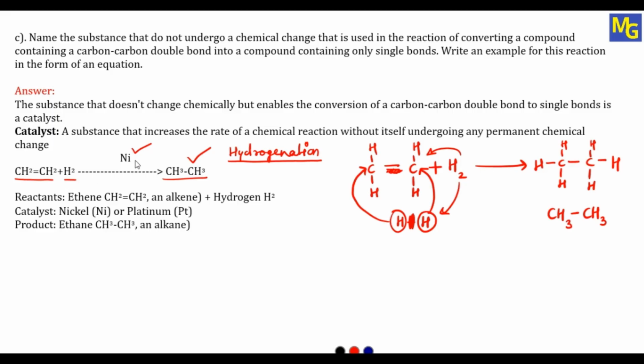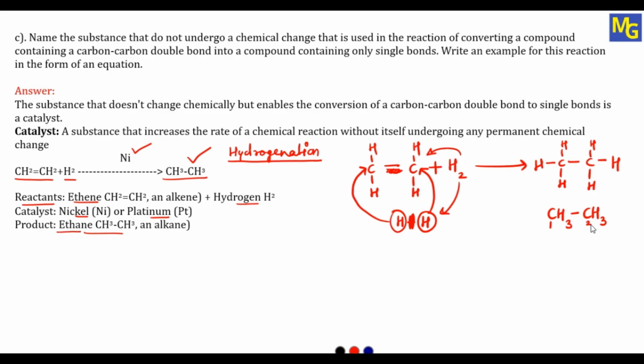So in this reaction, the reactant is ethene, that is alkene, and one more is hydrogen. And the catalyst is nickel, or we can use platinum, that is Pt, capital P small t, platinum. And what is the product? Product is here alkane, because double bond became single, so it became alkane, and the name is what? Ethane. Why is it ethane? We have carbon number 1, carbon number 2.